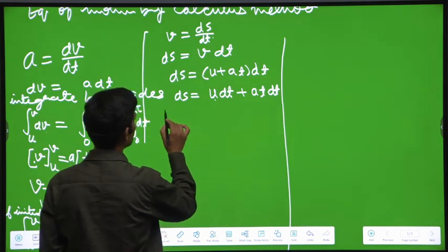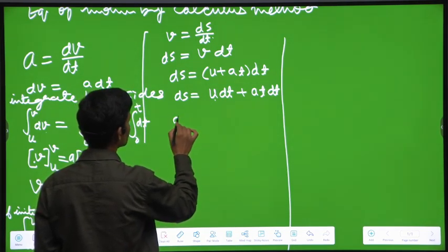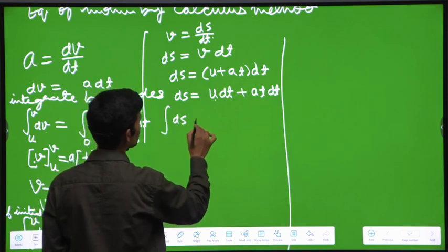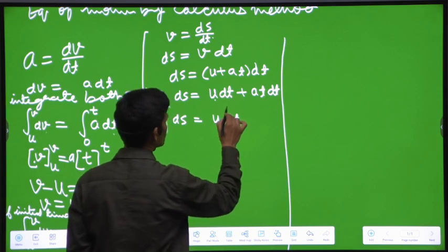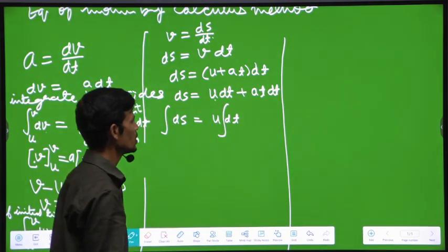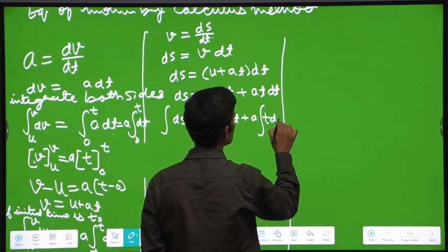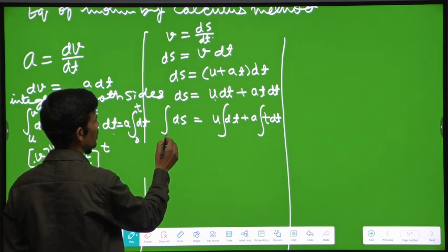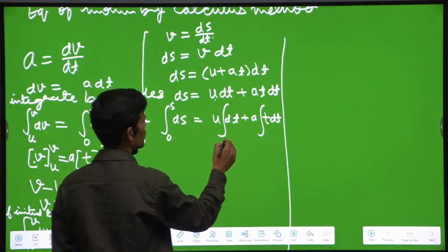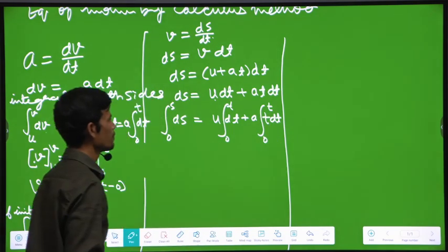Okay, now integrating both sides. I'm directly taking the constant part outside. Now the limit of integration: s is 0 to s, and t is 0 to t.